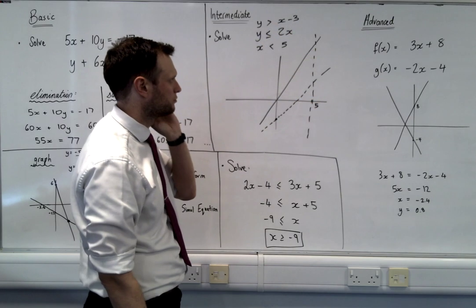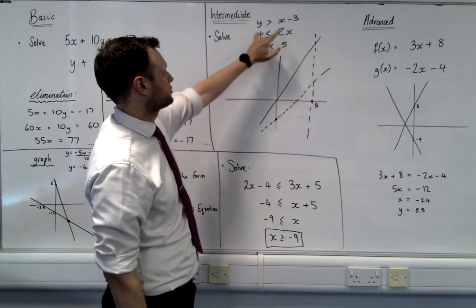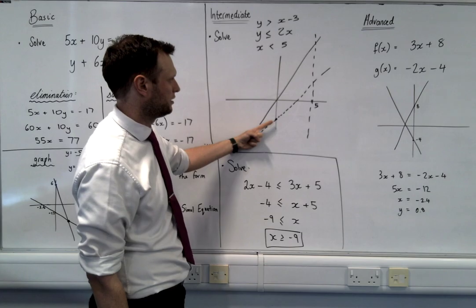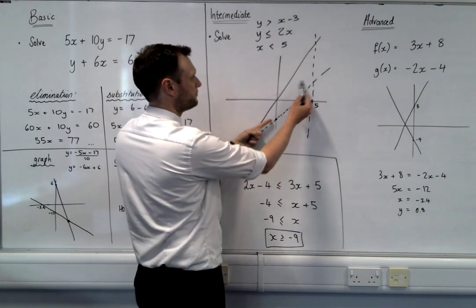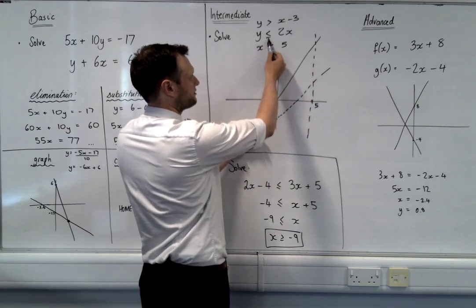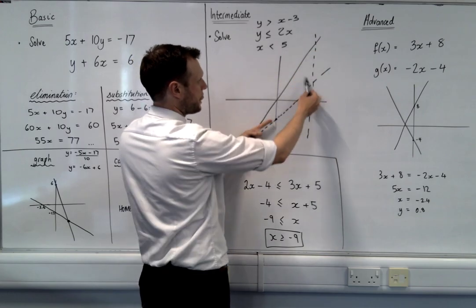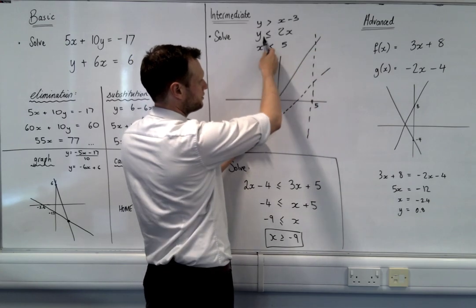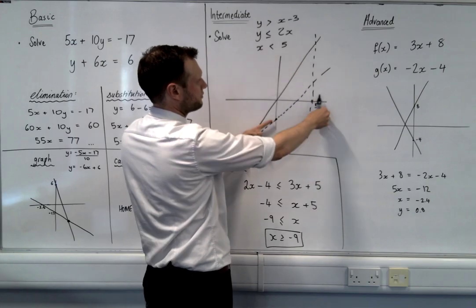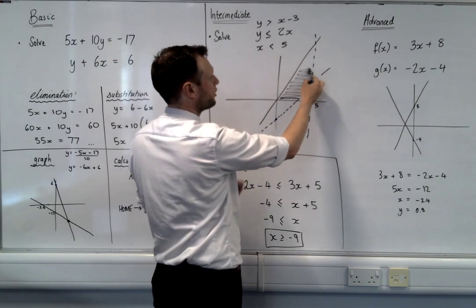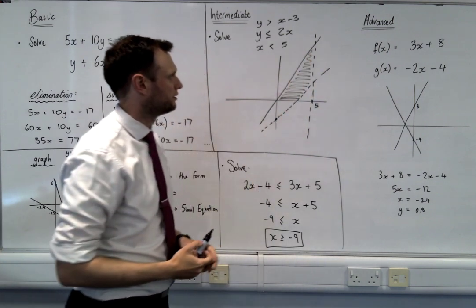So if we go through each of them, y is greater than x minus 3, that's this line, and I want the stuff above it. Y is less than or equal to 2x, that's this line, and below it. And x is less than 5 is to the left of that. So the region satisfying all of those inequalities is that bit that's shaded.